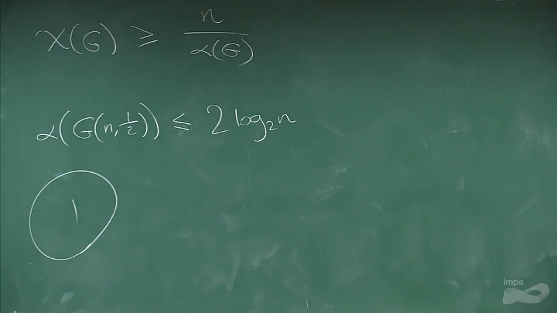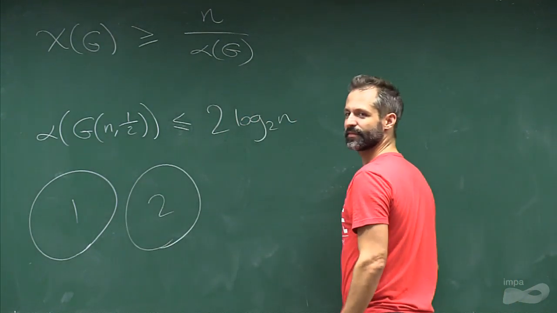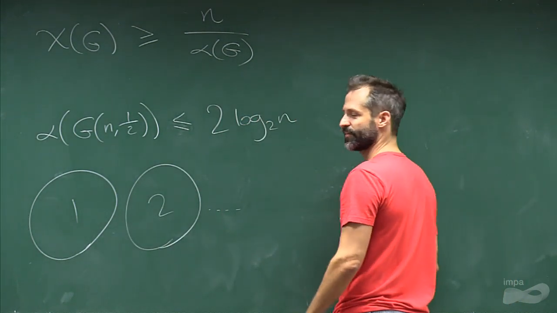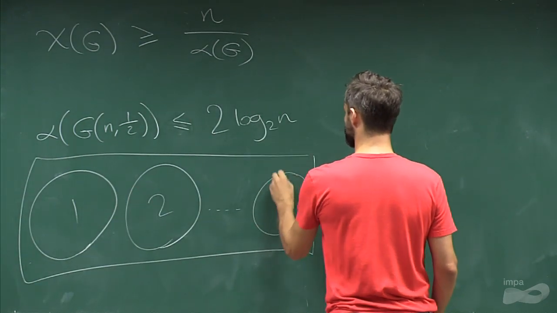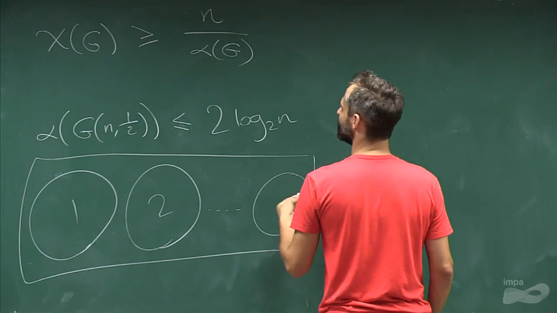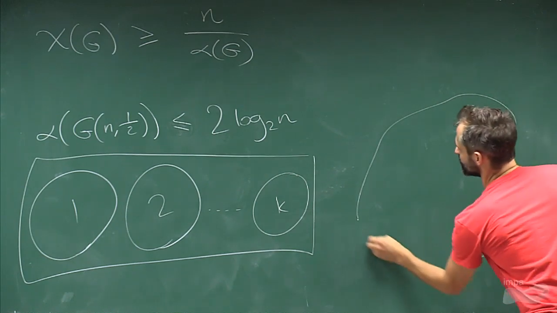Okay. Now we need to find another color class. So let's just find another one. Here's color class 2. And continue. After some time, we found, I'm going to say, k color classes, and then there's some vertices left over.